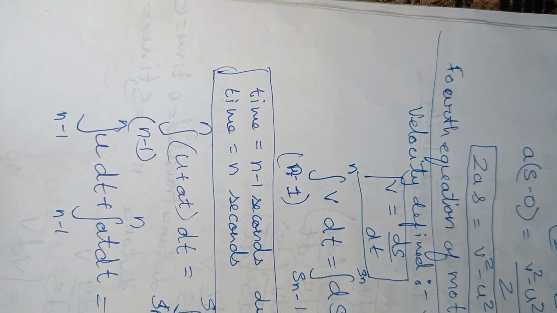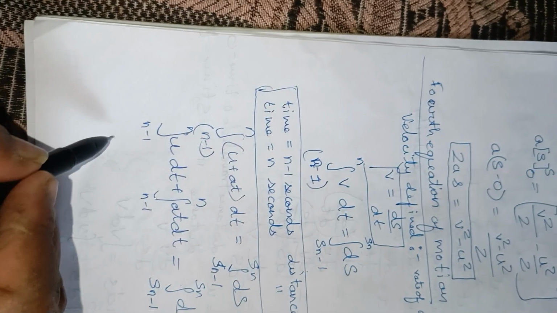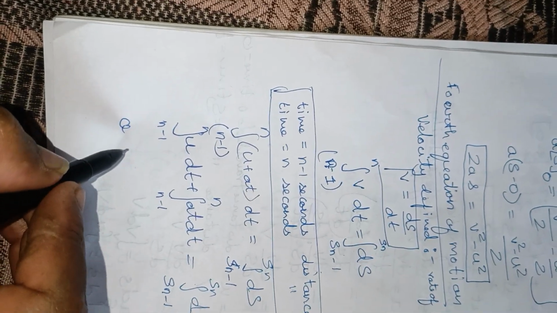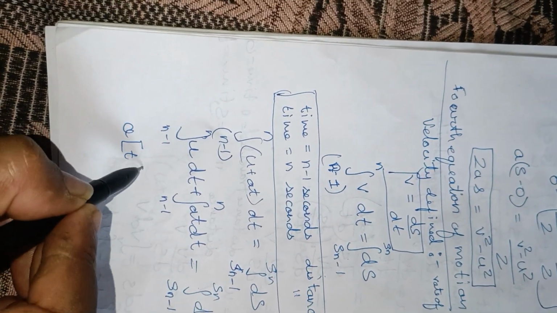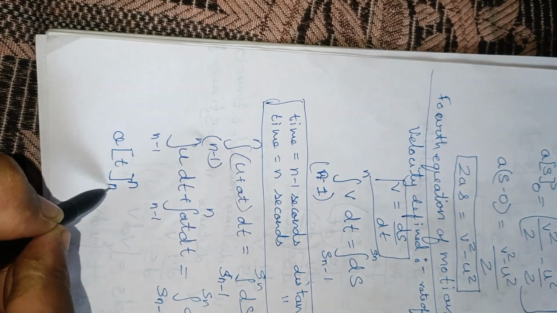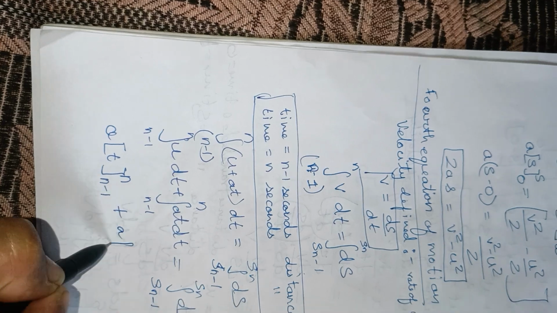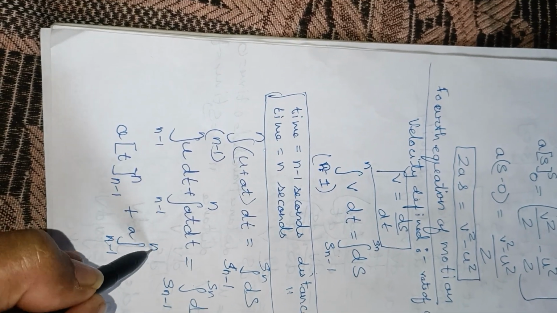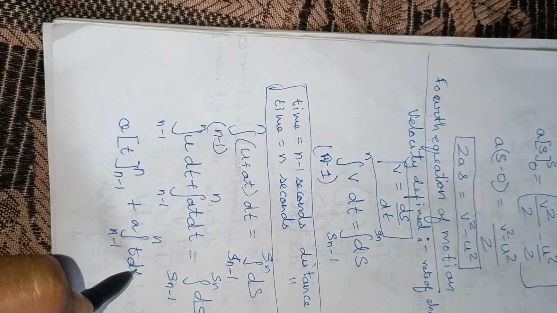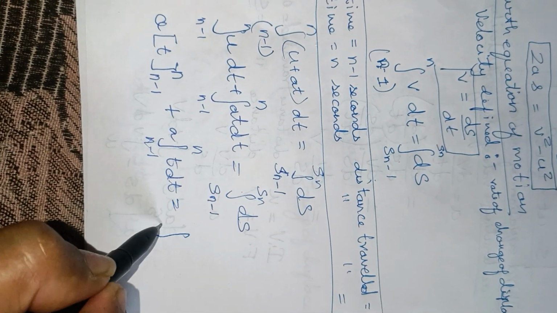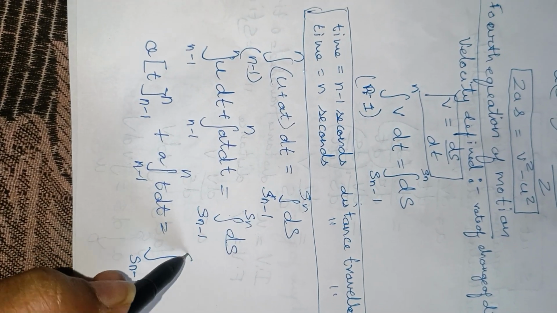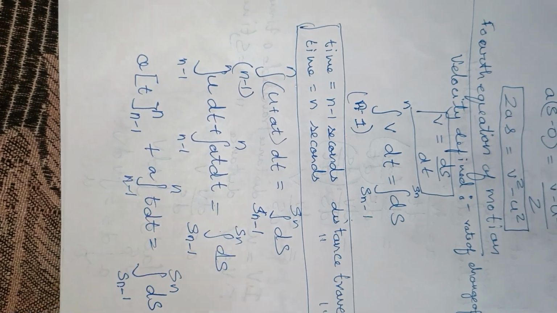U t. So we will get the term as a, that is nothing but t with limits from n to n minus 1, plus a times the integration from n minus 1 to n of t dt, is equal to the integration from s n minus 1 to s n of ds.